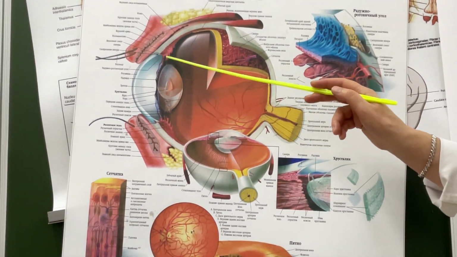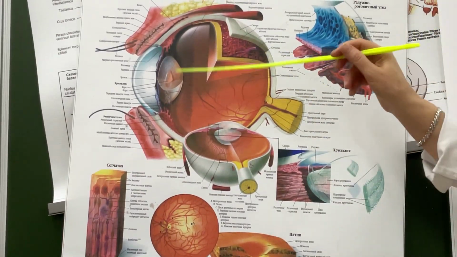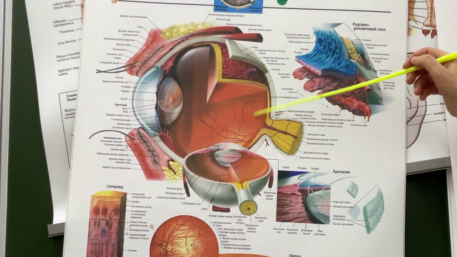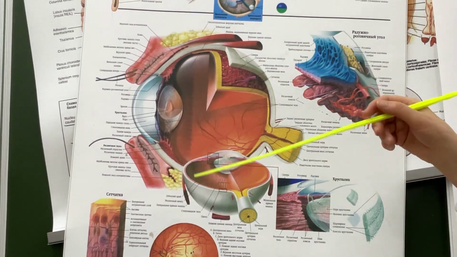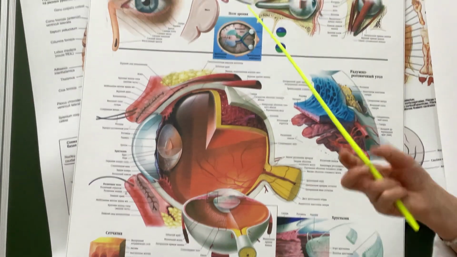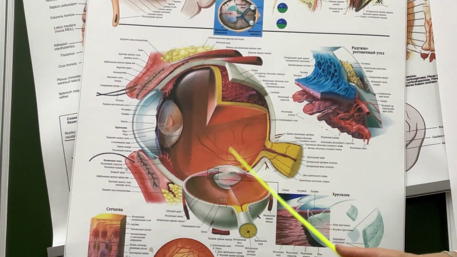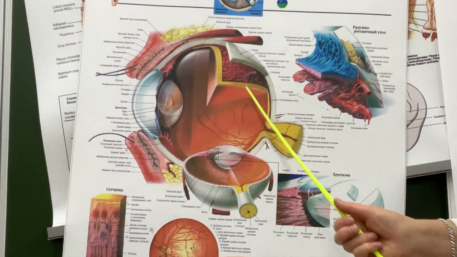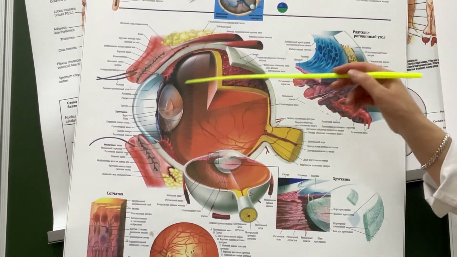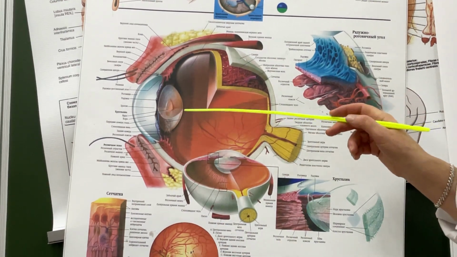Behind there will be a big space, which is filled with the corpus vitreum or vitreous body. It is also a transparent medium with a jelly-like consistency, and has a membrane which covers it, gives shape to the eyeball and supports the pressure inside the eyeball.